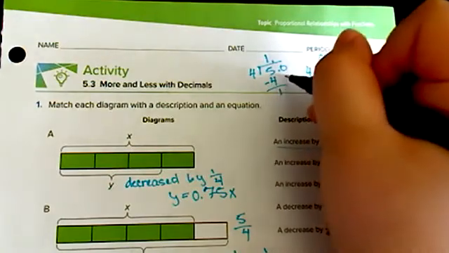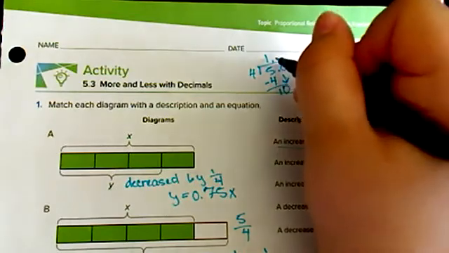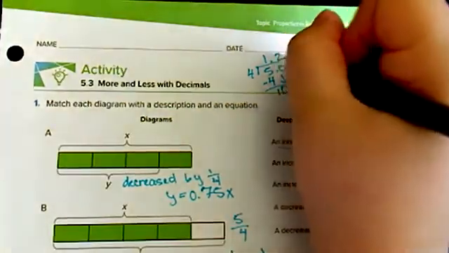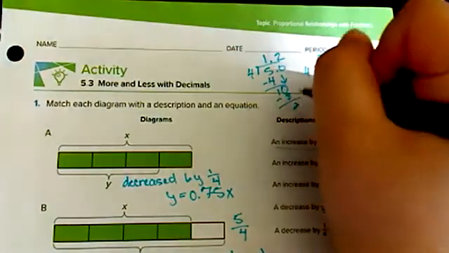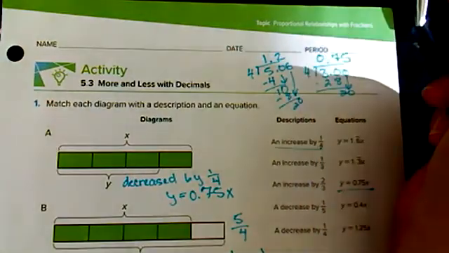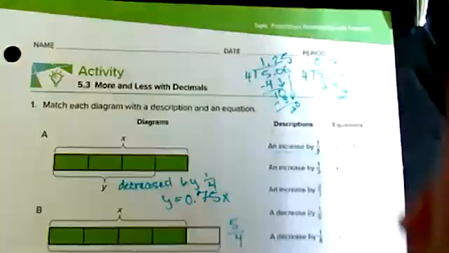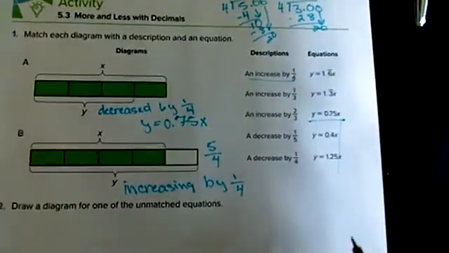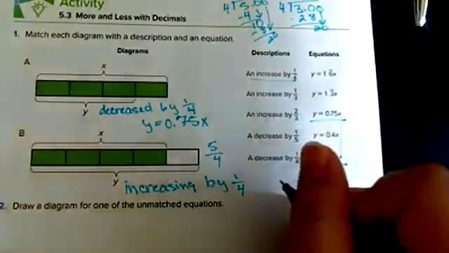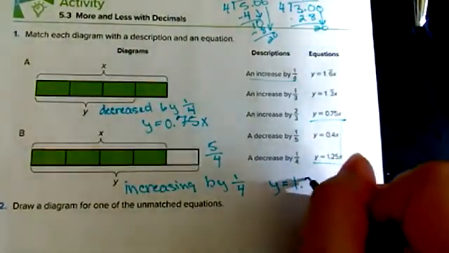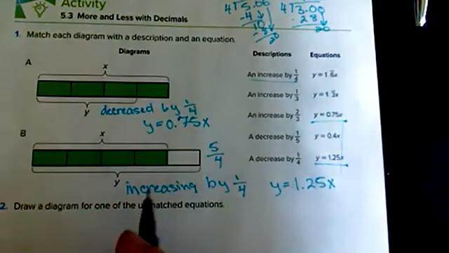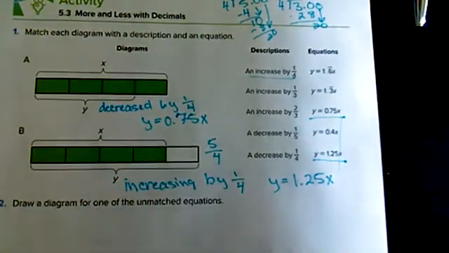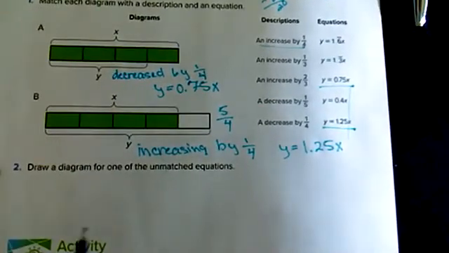So we subtract, we have 1. 4 goes into 10 2 times. We have 8, we're left with 2 left over. 4 goes into 20 5 times. So we're going to want the one that's 1.25. So we'll find our equation right here, and it's going to be y equals 1.25 times x, because it gives us that extra fourth.